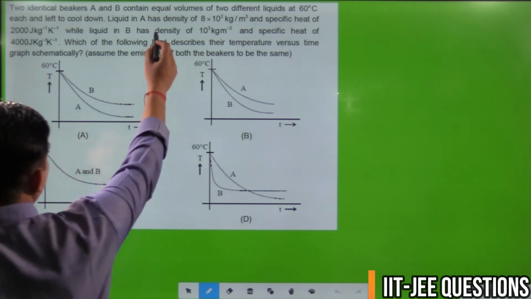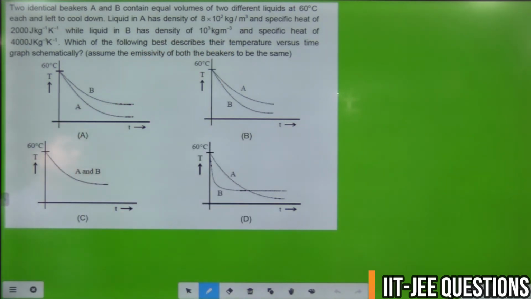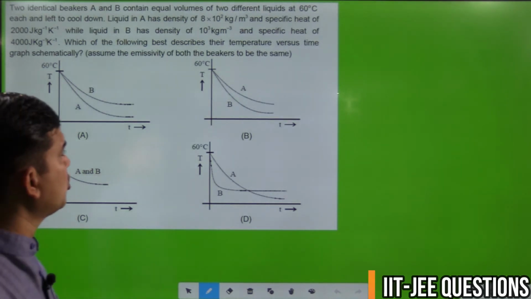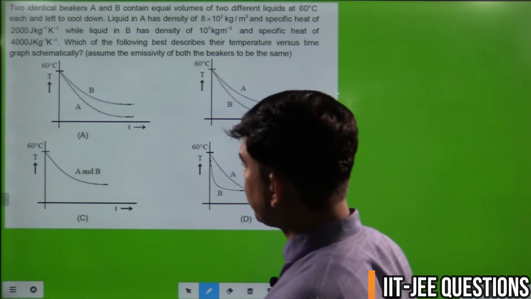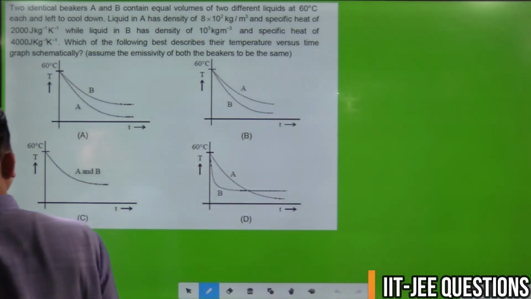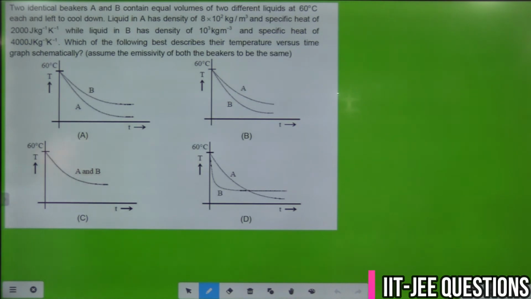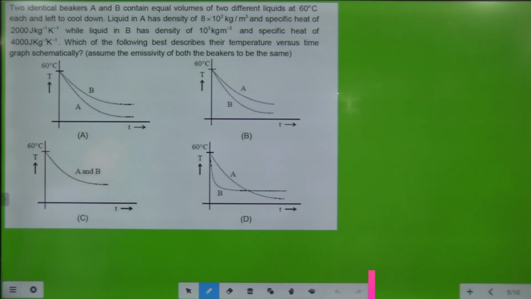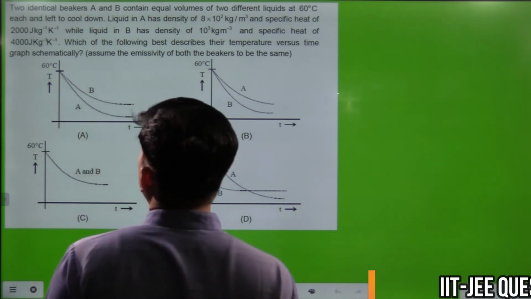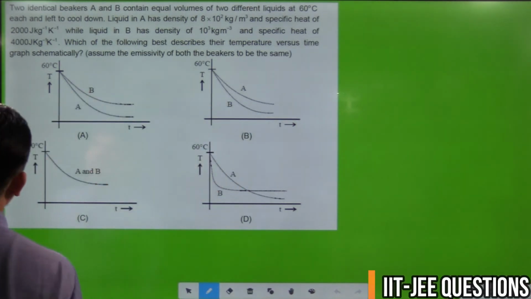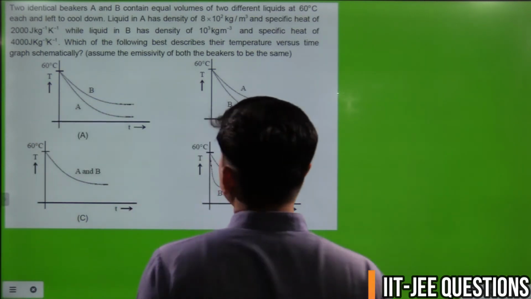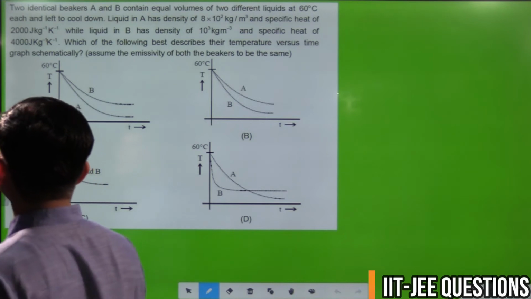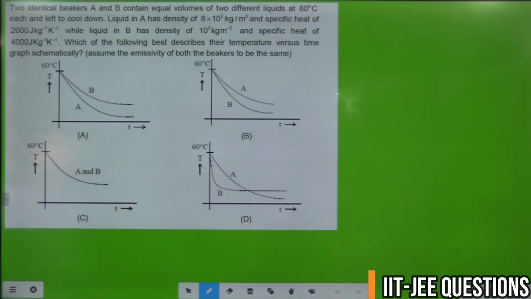Liquid in A has a density of 8 into 10 to the power 2 kg per meter cube and specific heat of 2000 joule per kg into Kelvin, while liquid in B has a density of 10 to the power 3 kilogram per meter cube and specific heat of 4000 joule per kg into Kelvin. Which of the following best describes their temperature versus time graph schematically? Assume the emissivity of both the beakers to be the same.